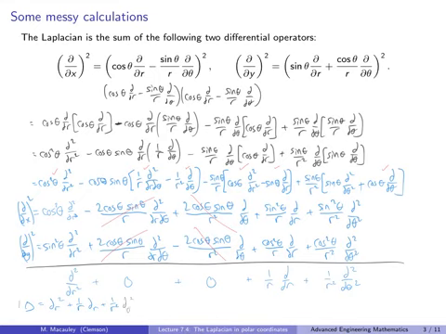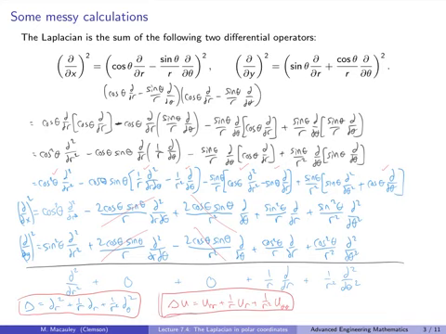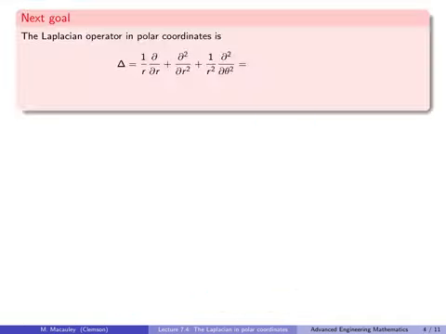This is my little shorthand way to write this. In other words, the Laplacian of u is u_rr plus 1 over r u_r plus 1 over r squared u_theta theta. So it's not quite the sum of the second partials in polar coordinates. Okay, so this is the Laplacian of u in polar coordinates.